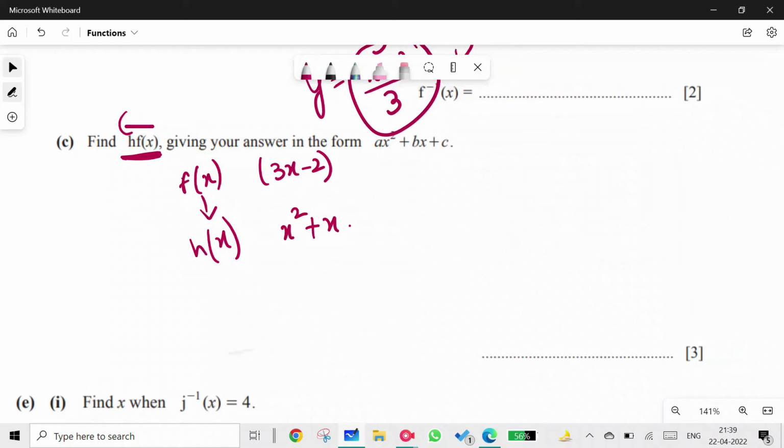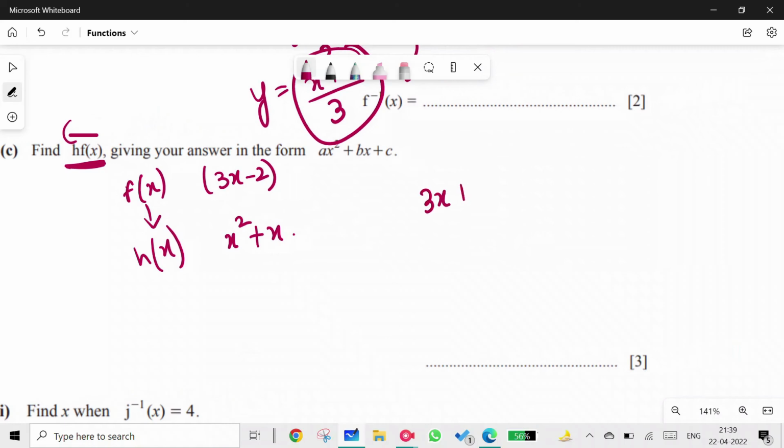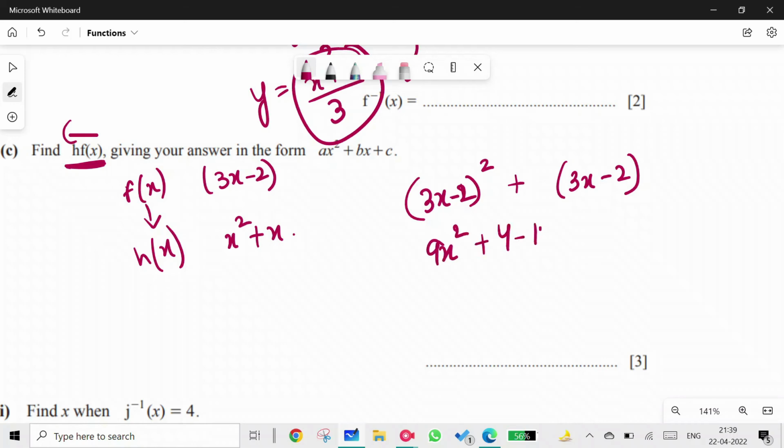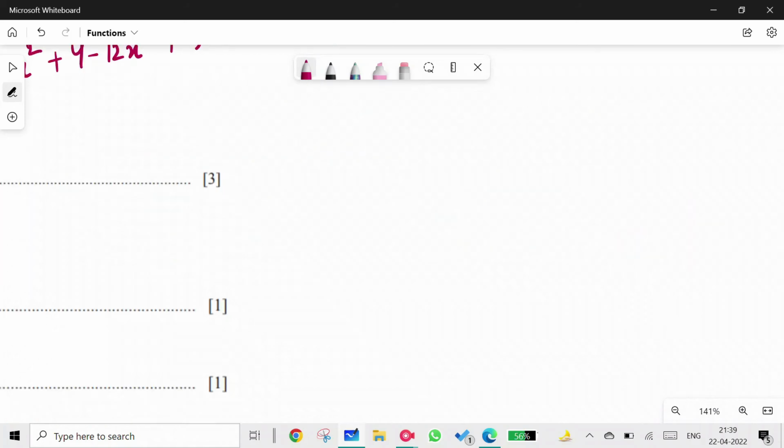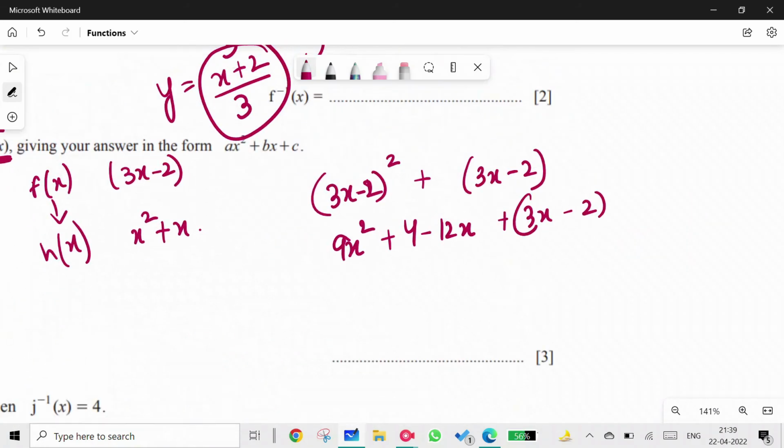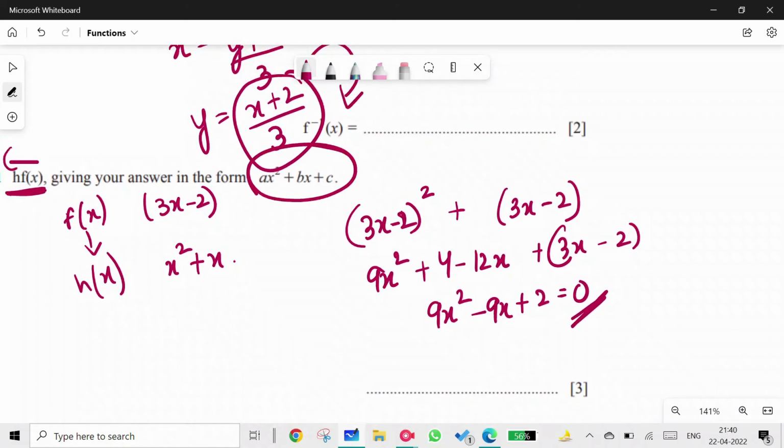So that would be (3x minus 2) whole square plus (3x minus 2), and when you open the bracket you get 9x squared plus 4 minus 12x plus 3x minus 2, and when you simplify it you get 9x squared minus 9x plus 2. This is exactly what they've asked. They've asked you to represent the answer in the form of ax squared plus bx plus c.